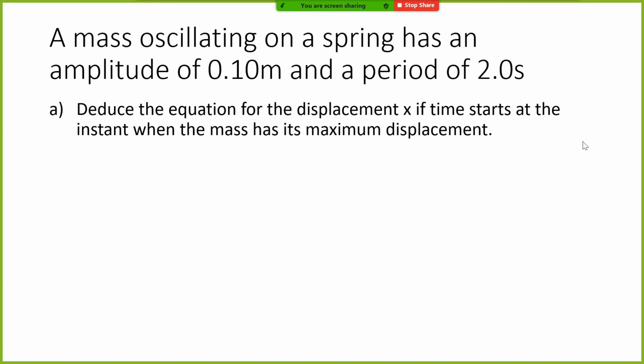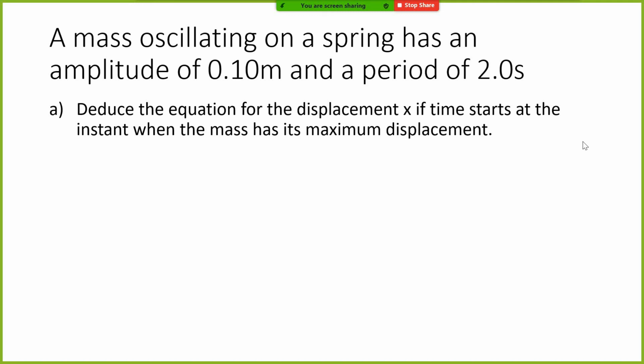But before we go right here, let's see what this question is saying. A mass oscillating on a spring has an amplitude of 0.1 meters and a period of 2 seconds.